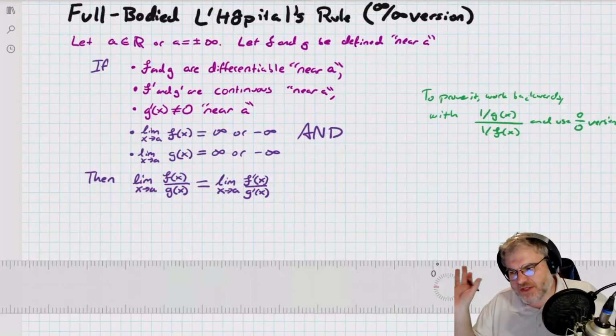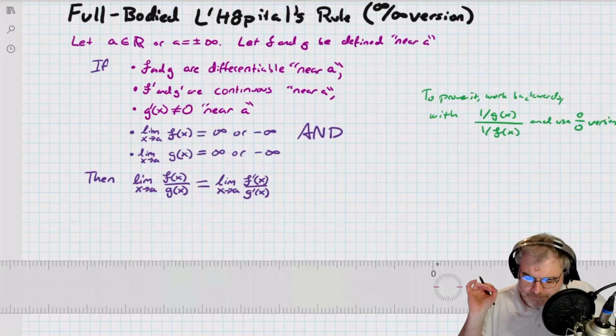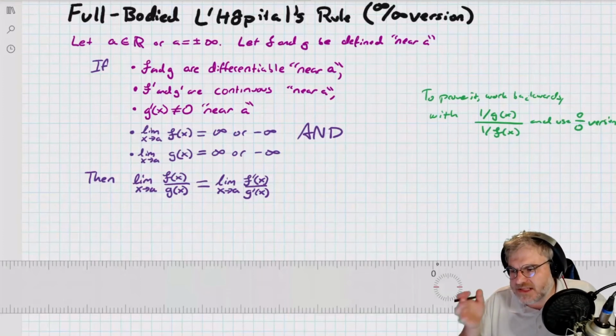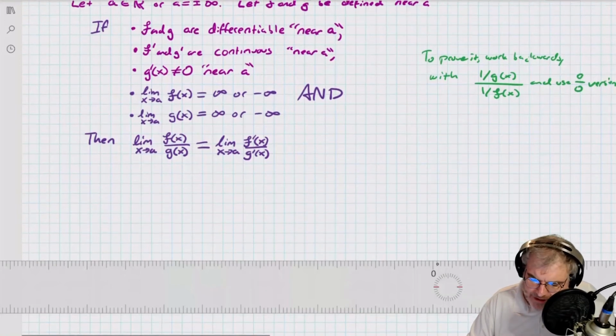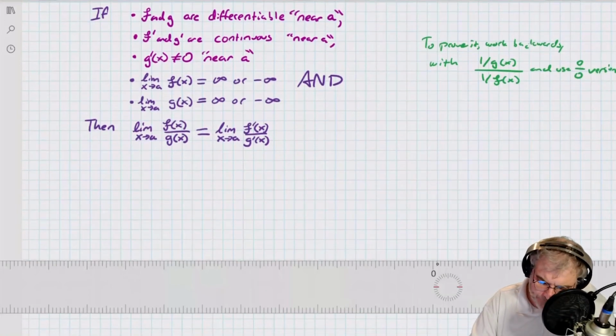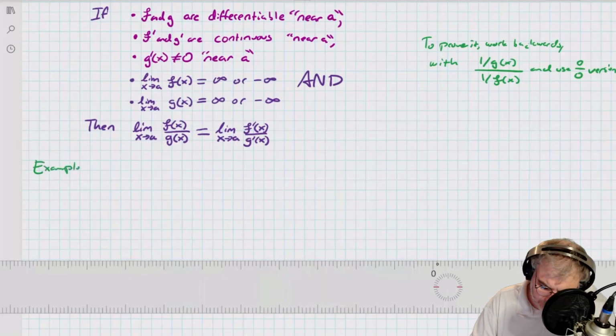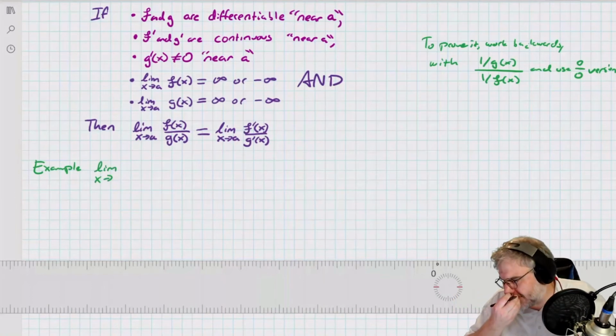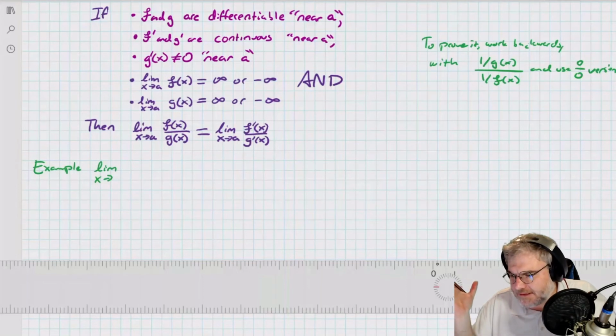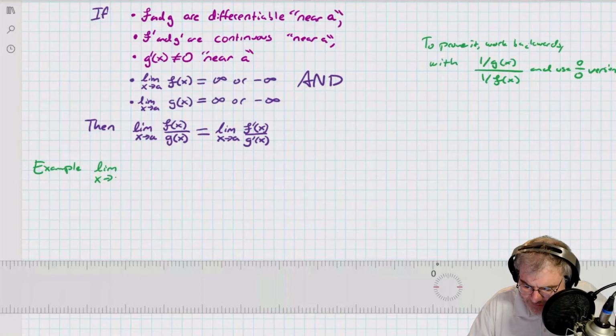The details are in the book if you care, but that's why it works. But it's important to note that it doesn't mix. So let's look at an example of this. Let's do x goes to, I don't know, somebody, x goes to infinity. Why not?